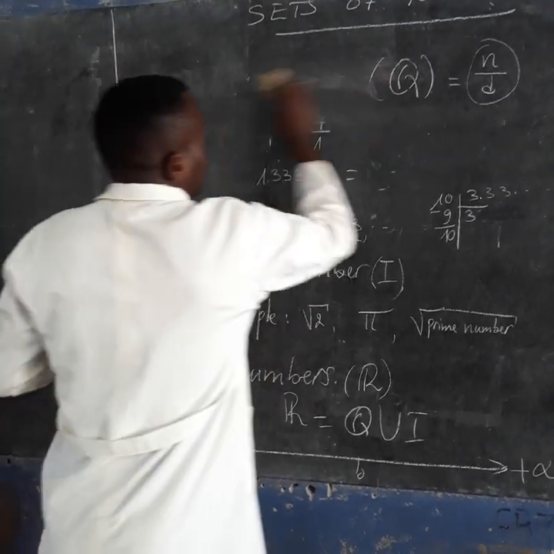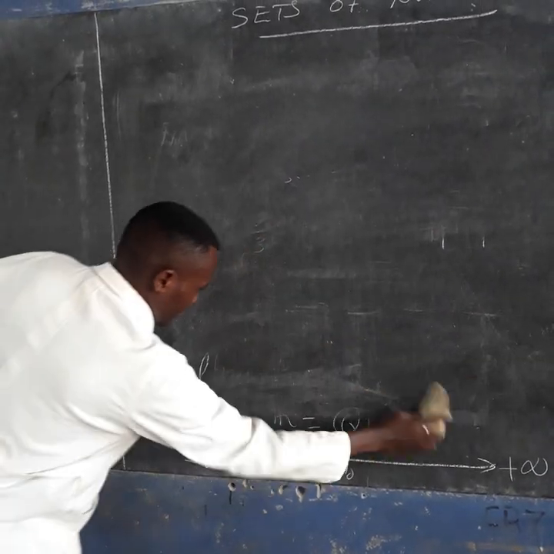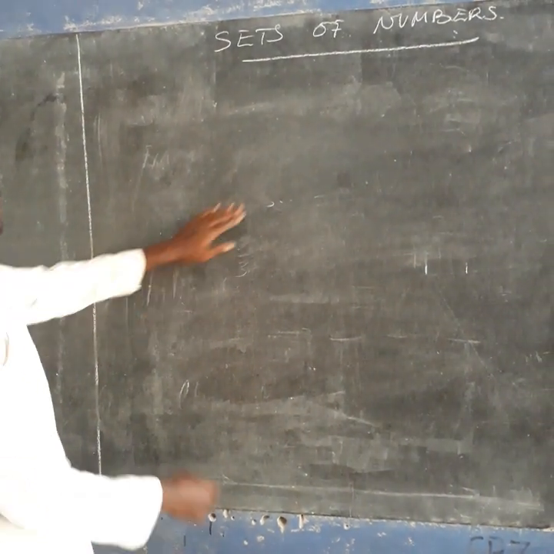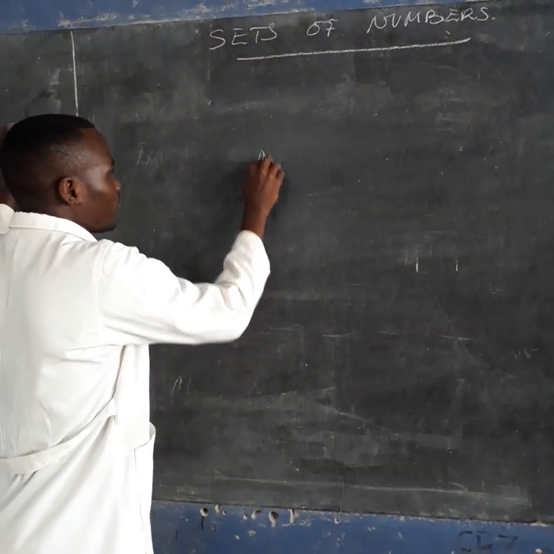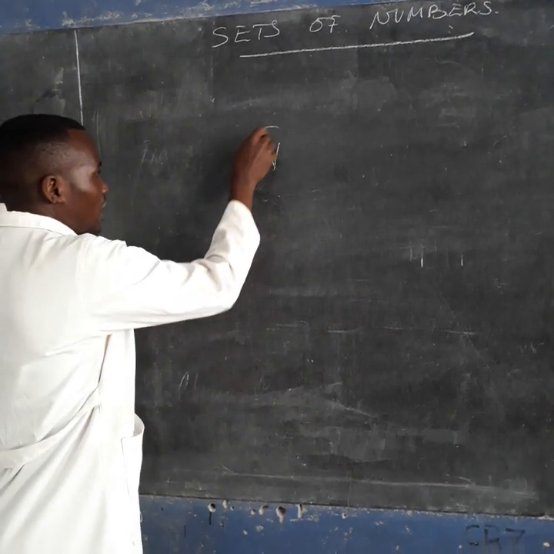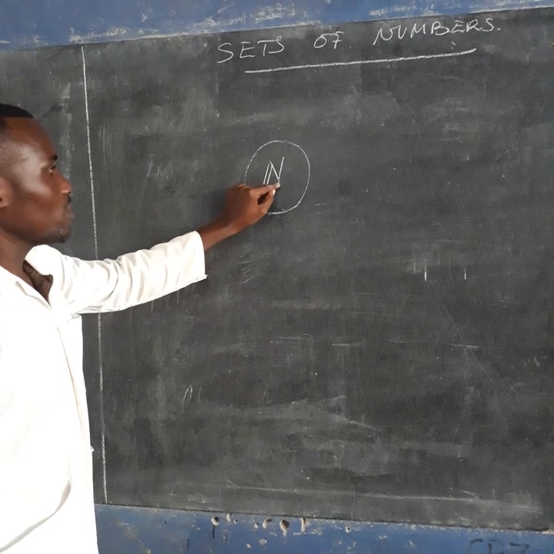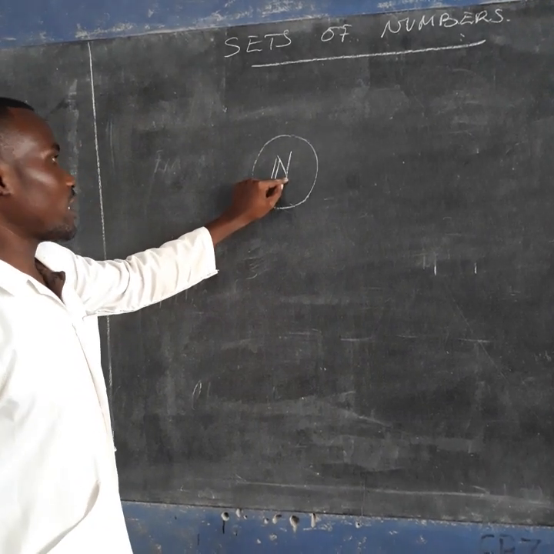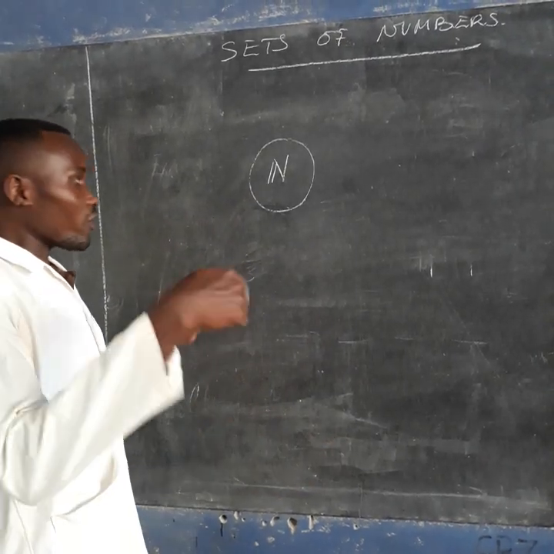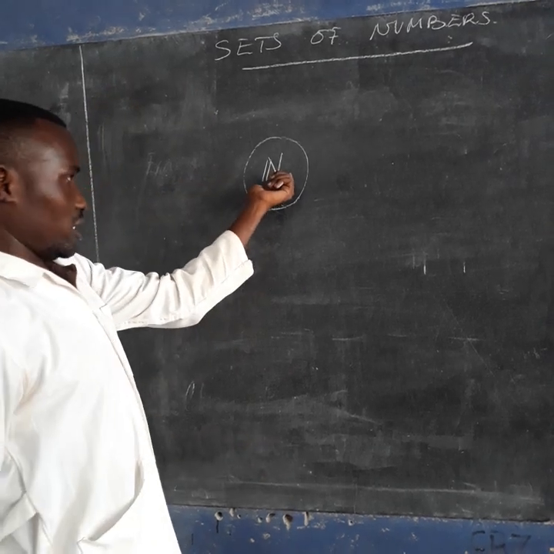So, to reach a conclusion for this lesson, let's see. We said that we have the set of natural numbers. We have seen that they are numbers which we use to count: 1, 2, 3, 4. And within the whole numbers, we take the natural numbers and add an element which is 0.